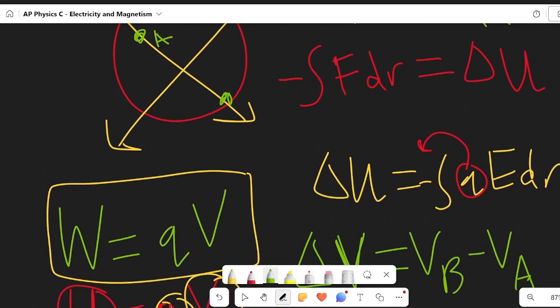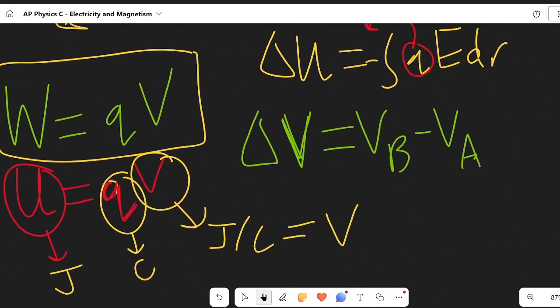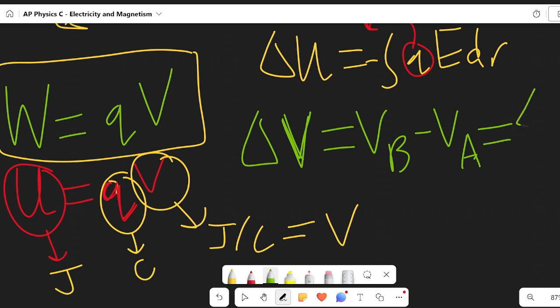Let's say this is point A, this is point B. Our potential difference going from A to B is given by this formula, delta V equals VB minus VA. And this can actually be simplified to delta U over Q.